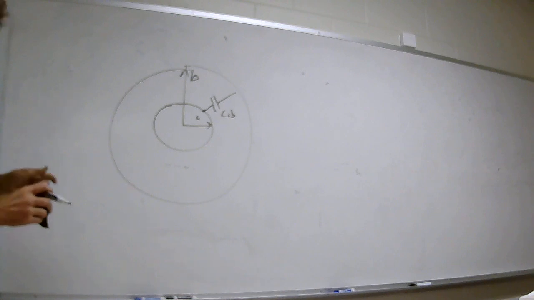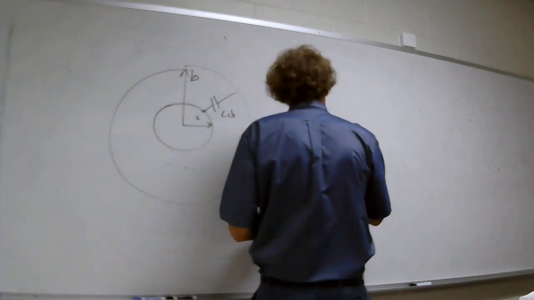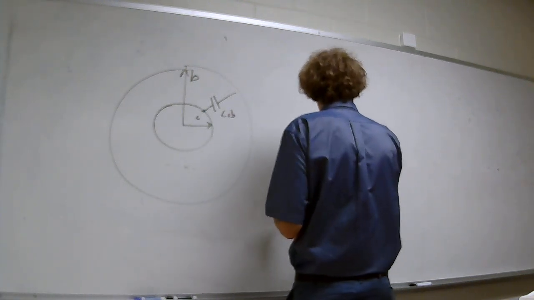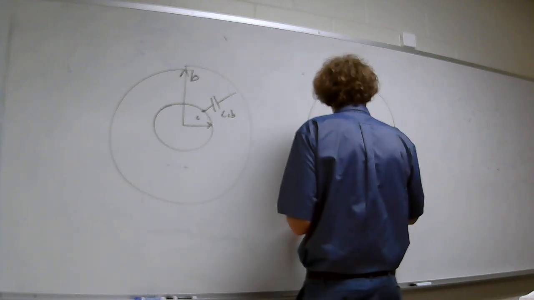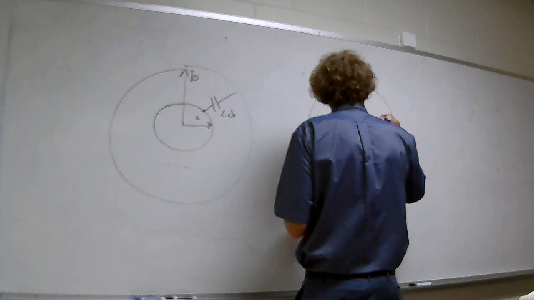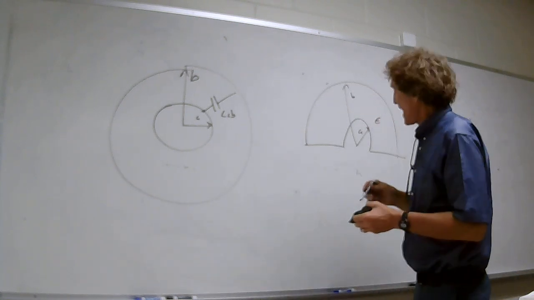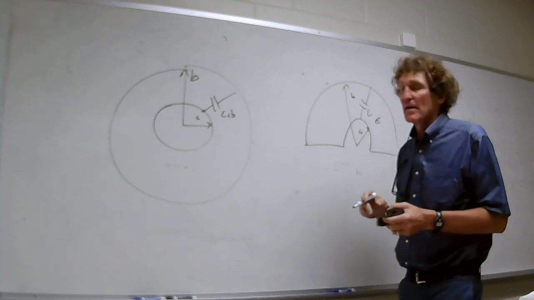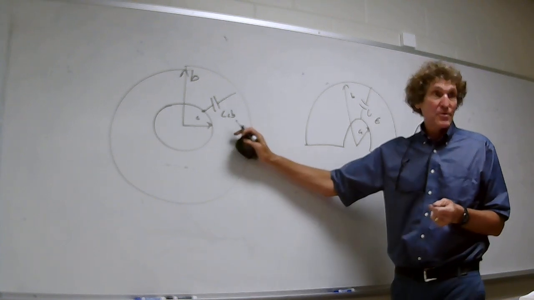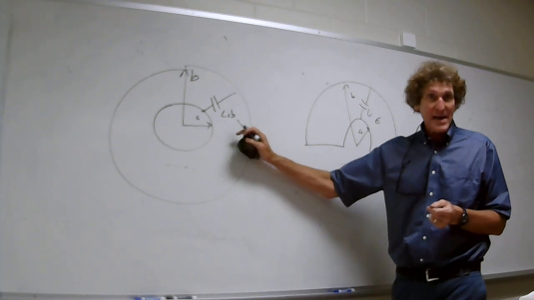Mm-hmm. Now, what would the capacitance be if I only had an inner radius of A, outer radius of B, epsilon, same height, but it's only half? What do you think this effective capacitance is going to be? Pi epsilon over L and B over A. Half of that. Do you agree with that? Yeah, it's exactly half of that.